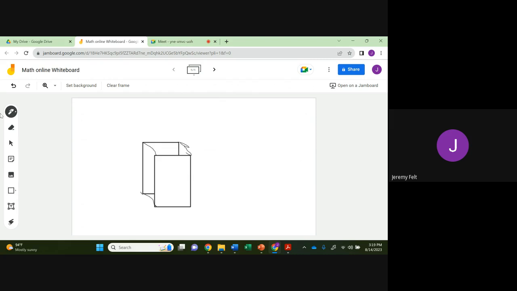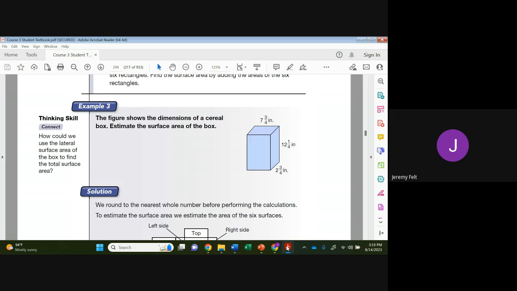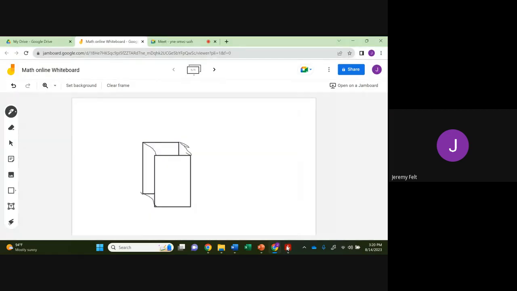It's not always the easiest. So with the cereal box, and we can estimate, so that tells us we can round, and we're finding surface area. 8, 12, 3.